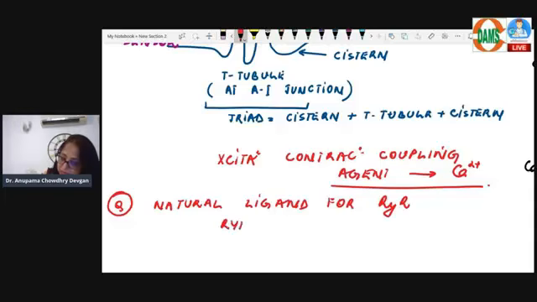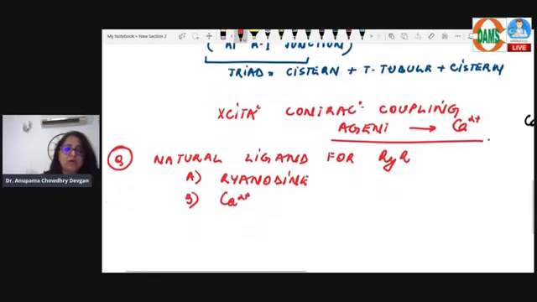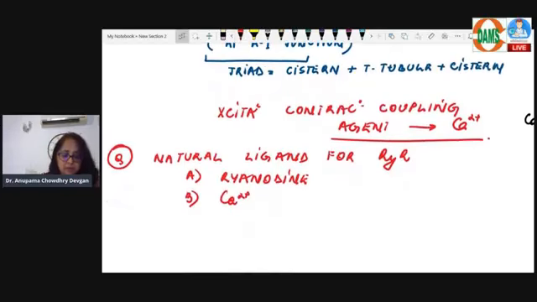Is it ryanodine or is it calcium? And your answer is calcium. That is the natural ligand for the ryanodine receptor.